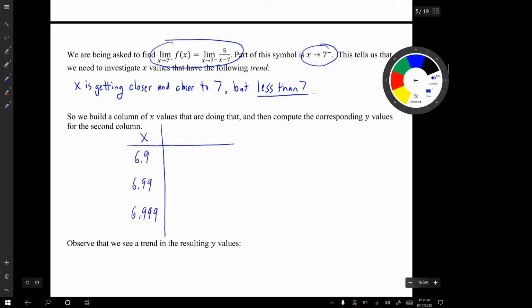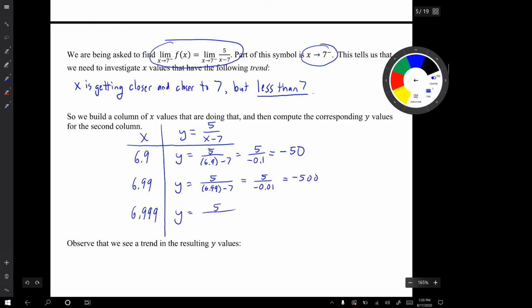There's our list of x values that are getting closer and closer to 7, but less than 7. Now let's build the column of the corresponding y values. So we can see clearly the trend in the resulting y values.